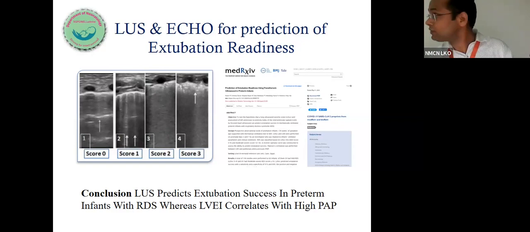So it was found that lung ultrasound scoring can predict extubation success in preterm infants with RDS, especially in those babies who had lung scores less than 10, and those with more than 10 had difficult extubation. And also the left ventricular eccentricity index can help in determining the pulmonary artery pressures.